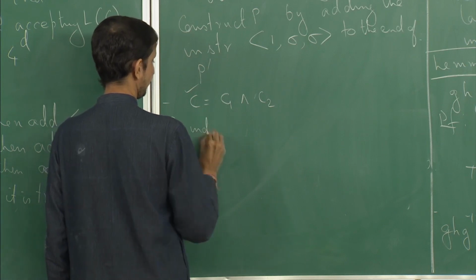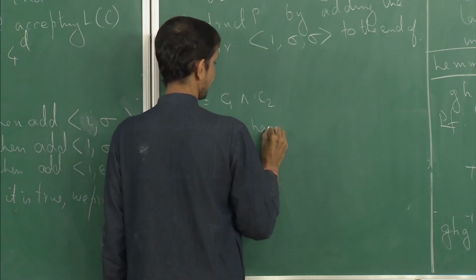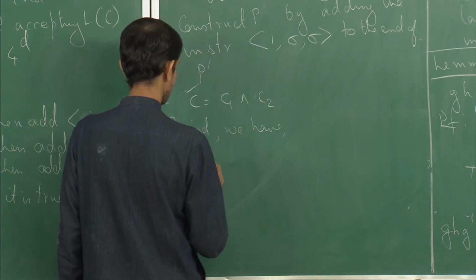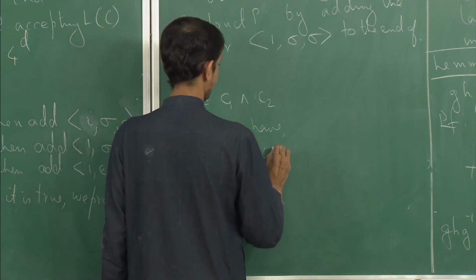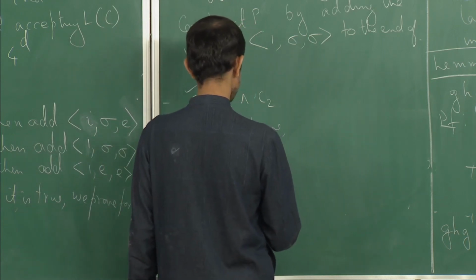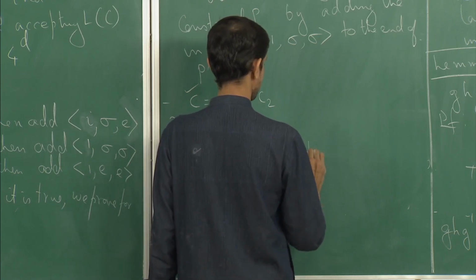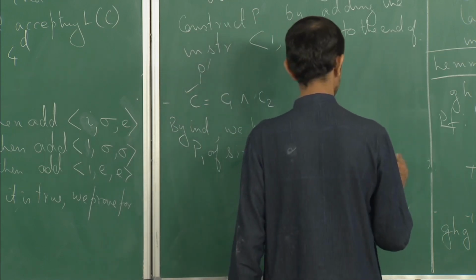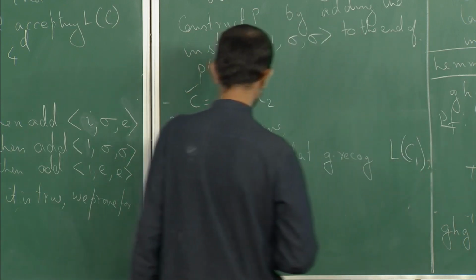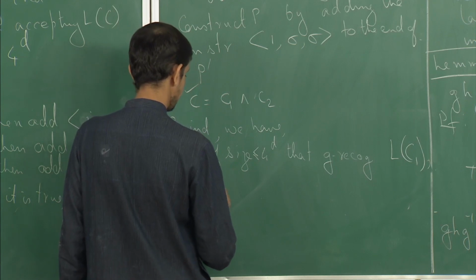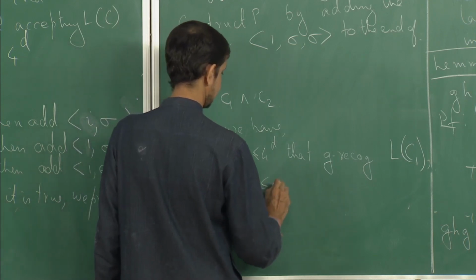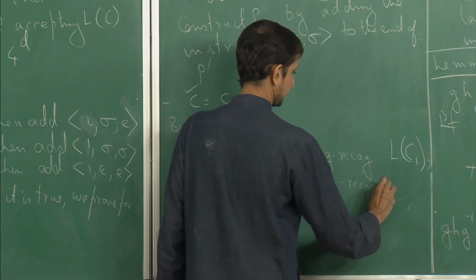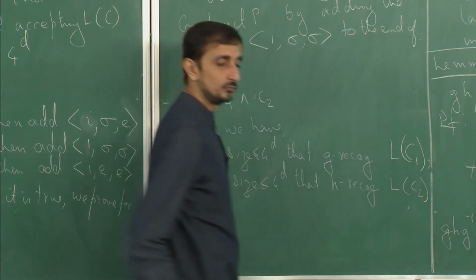So, by induction we have P1 of size at most 4 to the power D that G recognizes L of C1, and P2 of size at most 4 to the power D that H recognizes L of C2.